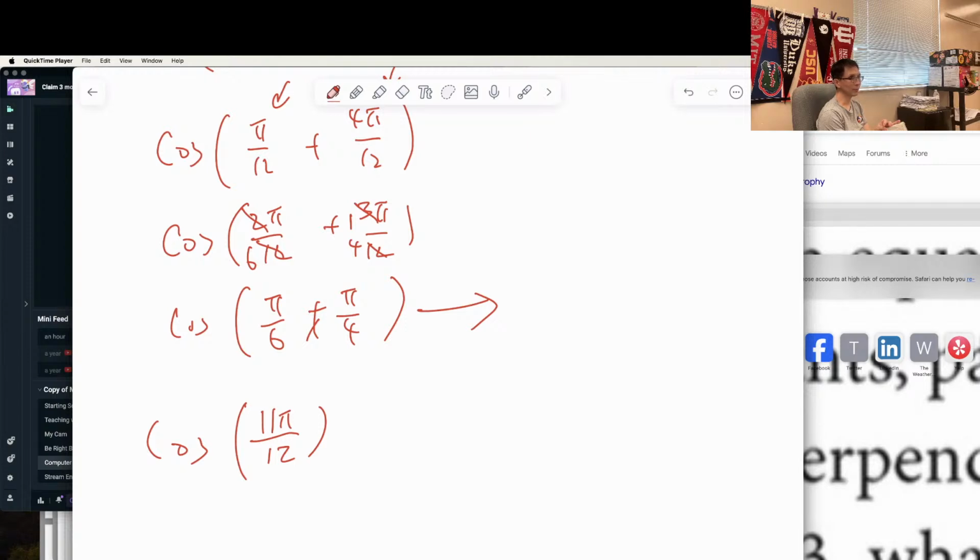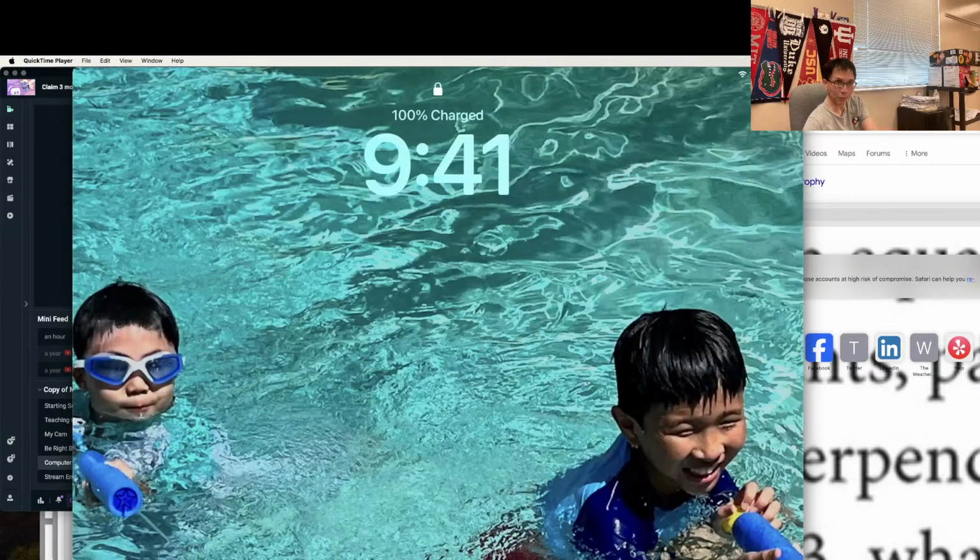What's on a page of pi? That's 300. Next month, prove it. Like, do the cosine.